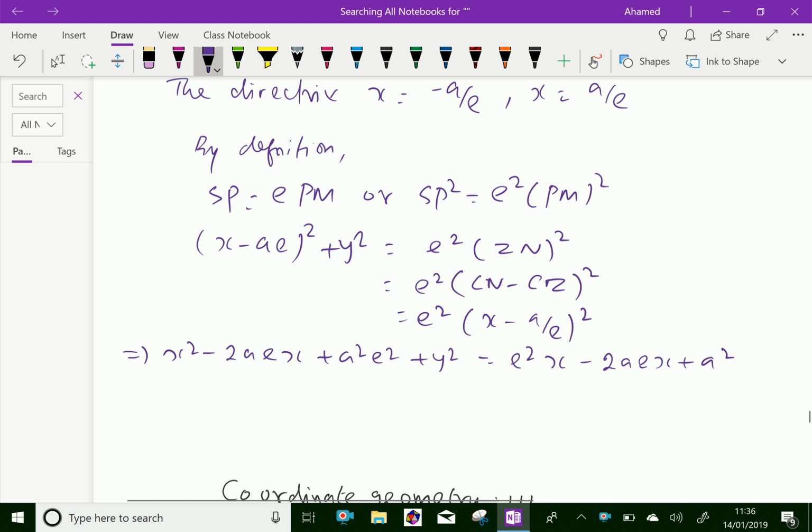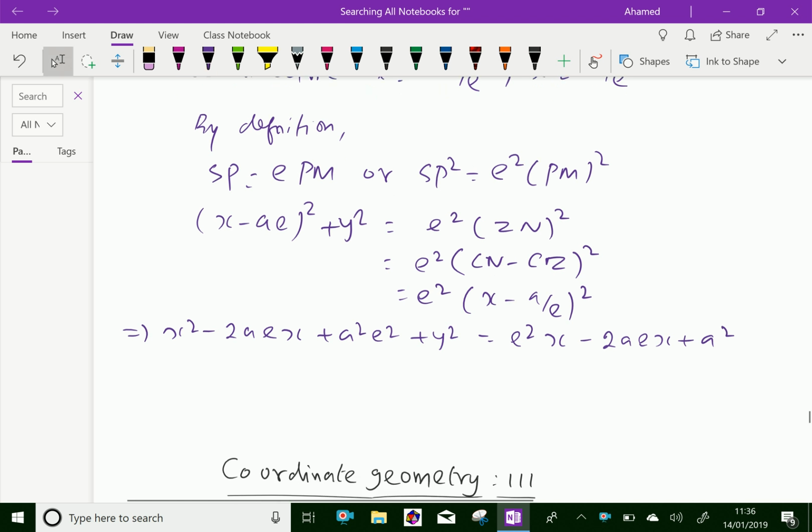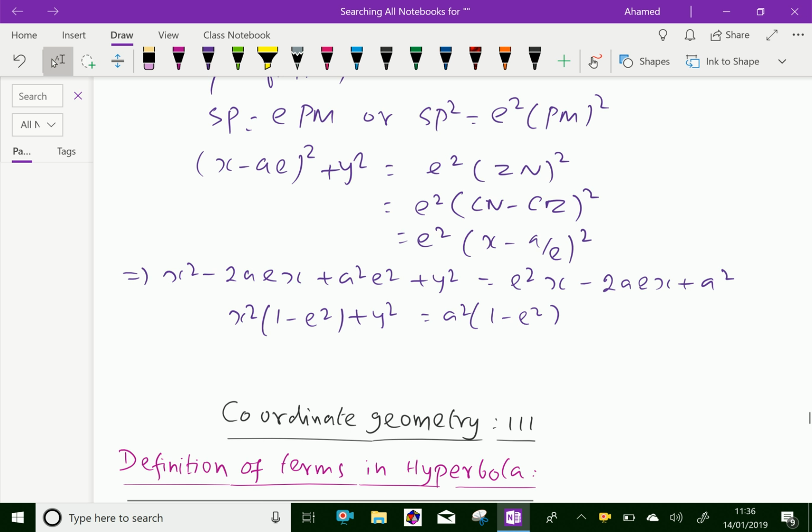Cancelling the common terms and simplifying, we get x square times 1 minus e square plus y square equals a square times 1 minus e square. Simplifying further, x square over a square minus y square over a square into e square minus 1 equals 1.